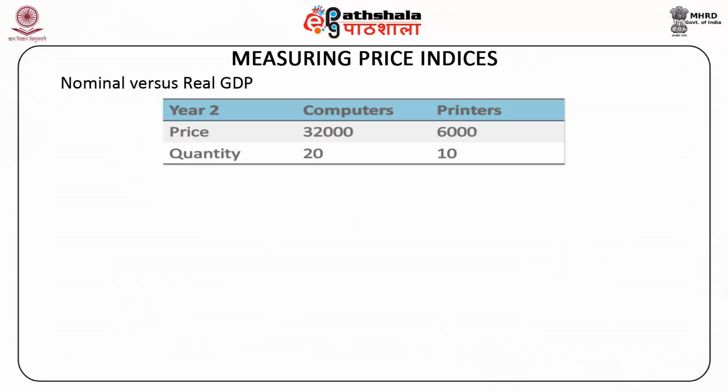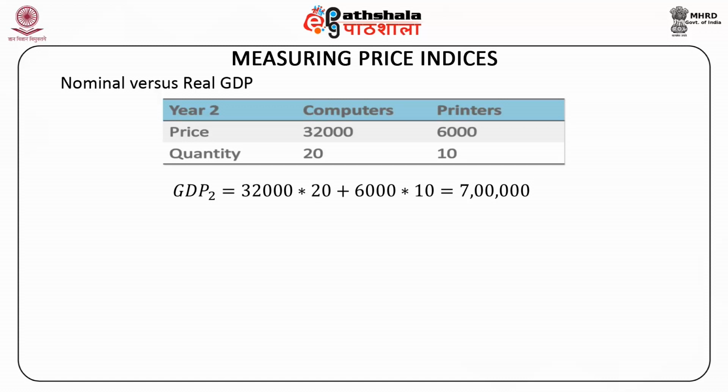In year 2, the production of computers and printers doubles to 20 and 10 respectively. The prices have also increased to 32,000 and 6,000 respectively. Therefore, the GDP in year 2 will be equal to 32,000 multiplied by 20 plus 6,000 multiplied by 10, which will be equal to 6,40,000 plus 60,000, that is 7,00,000 rupees.